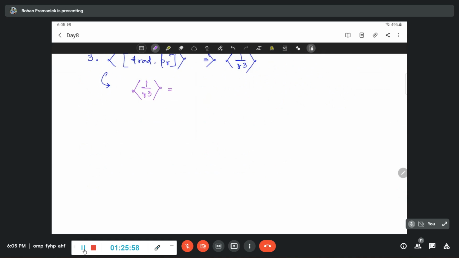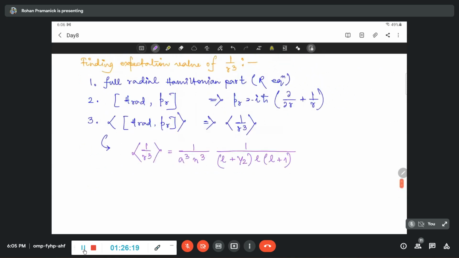It is slightly long, but I can write it here. 1 by a cube n cube, and this is 1 by L plus half, and this is L times L plus 1. This you can get if you do these steps.